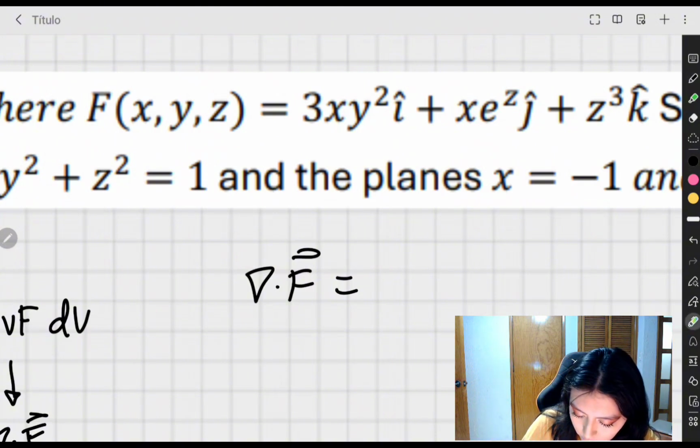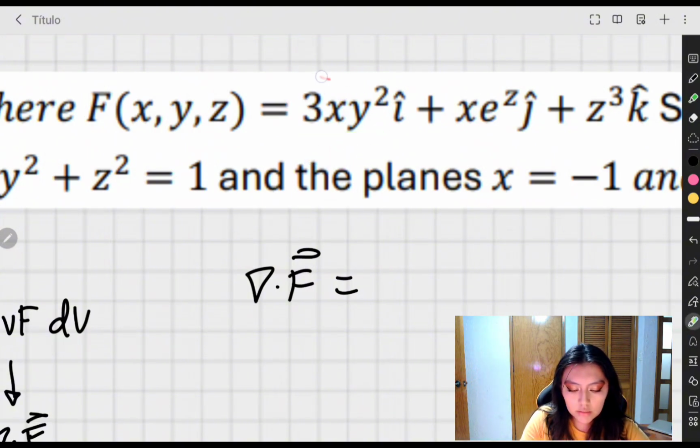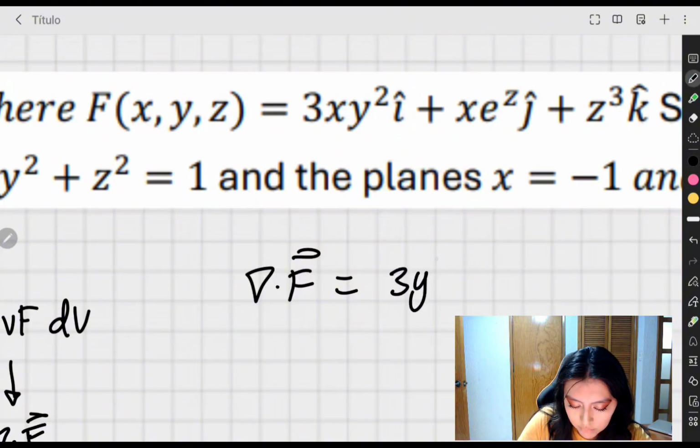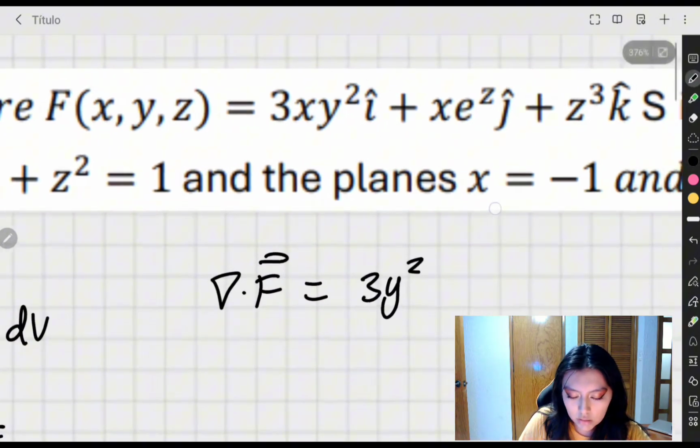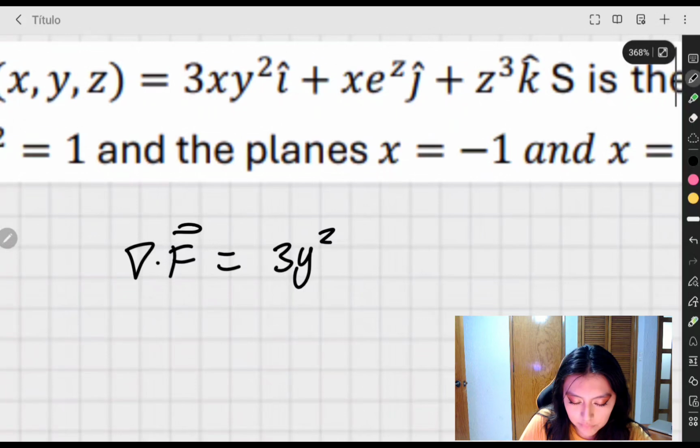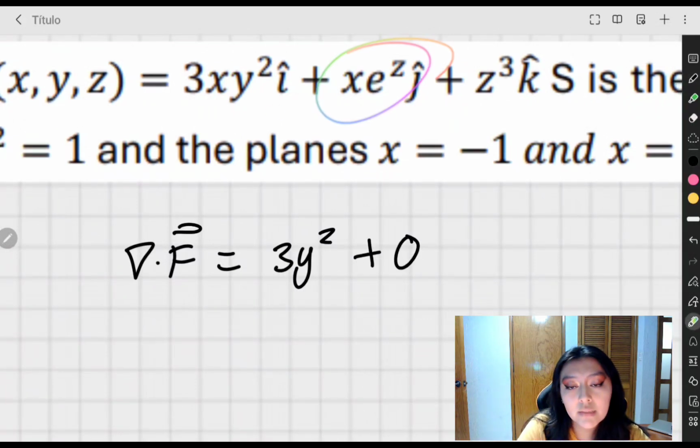It's going to be equal to this, and since these are constants and the partial derivative of x with respect to x is 1, we just get 3 times y squared plus 0, because all these are constants with respect to y in our derivative, so it's 0.